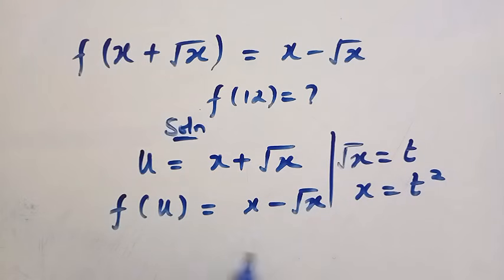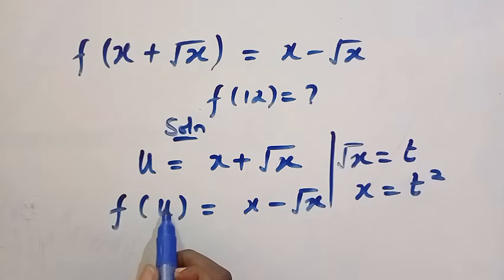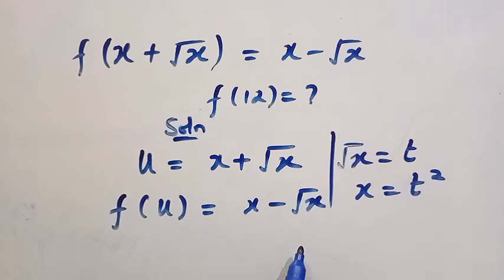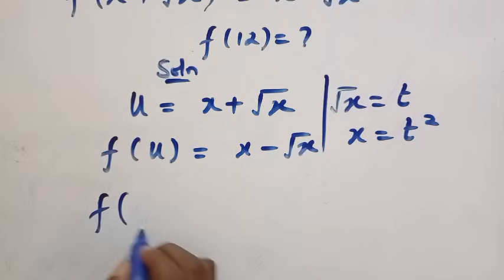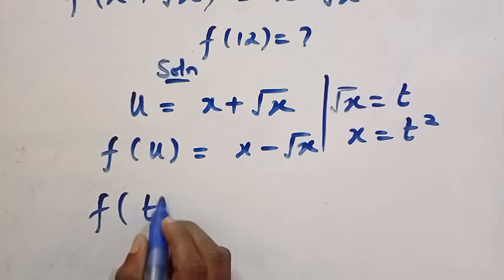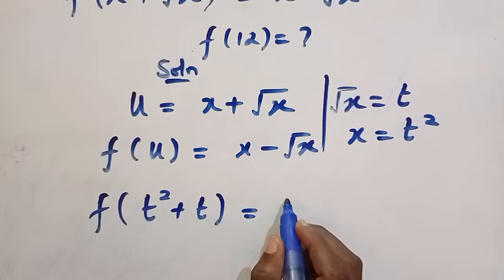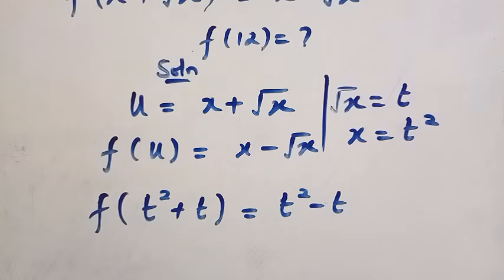So I'm not going to be using u again, but I'll still come back to it. Let's stick to t and t squared, because we are unable to express this in terms of u. Therefore, f of x plus root x is given as f of t squared plus t, equals t squared minus t.